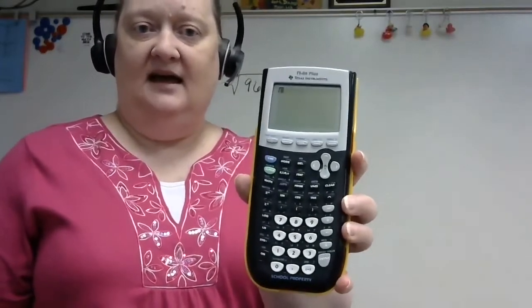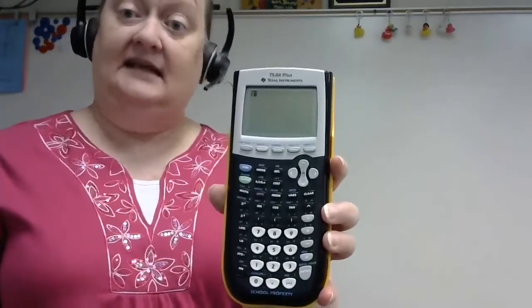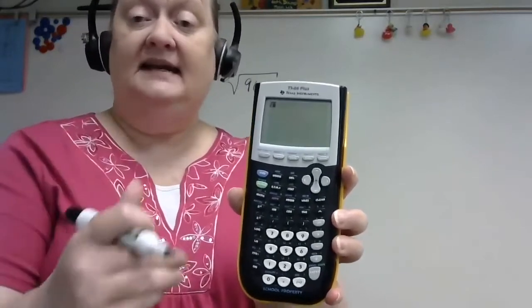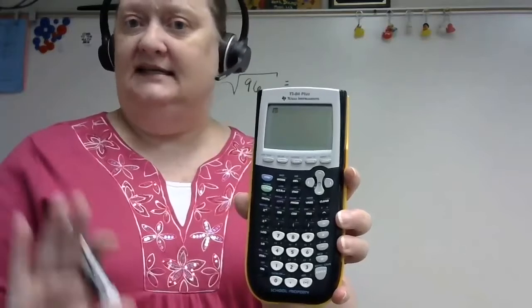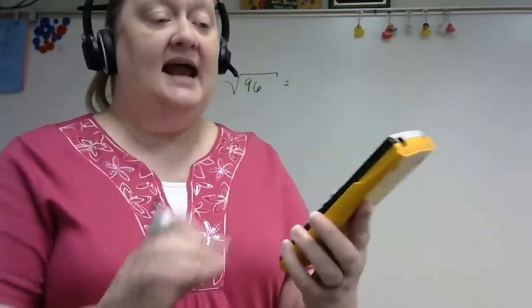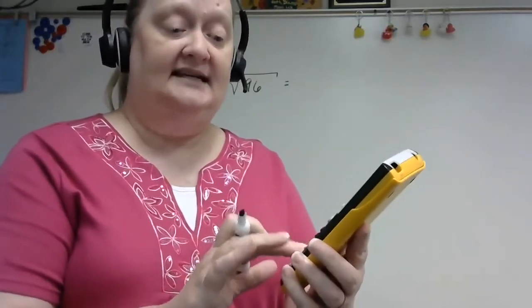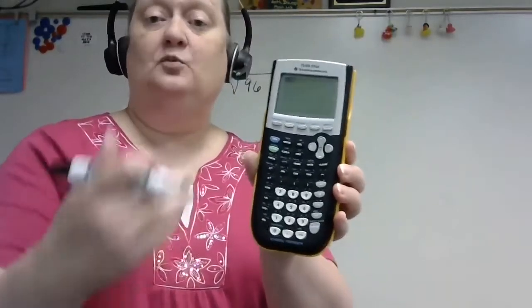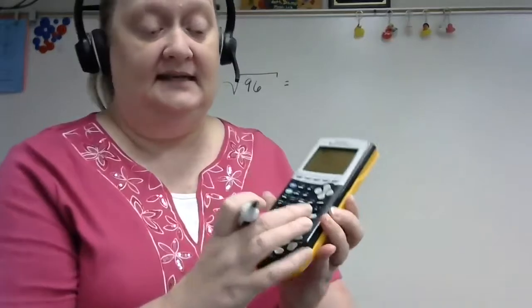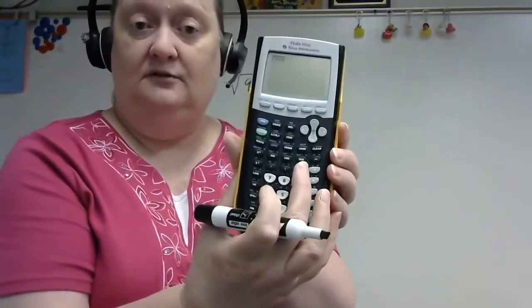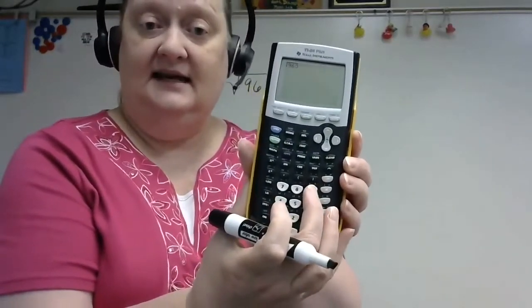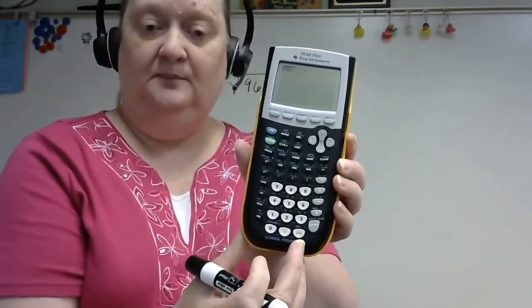In the older versions of a TI-84, 83 series, in other words, in the 83, it will begin a parentheses, so that's okay. And I will type the number, which is 96. In the older versions, you would want to close that parentheses by typing the closed parentheses and then pressing enter.